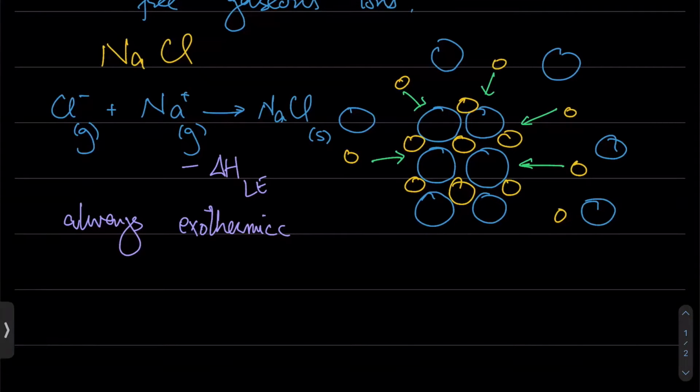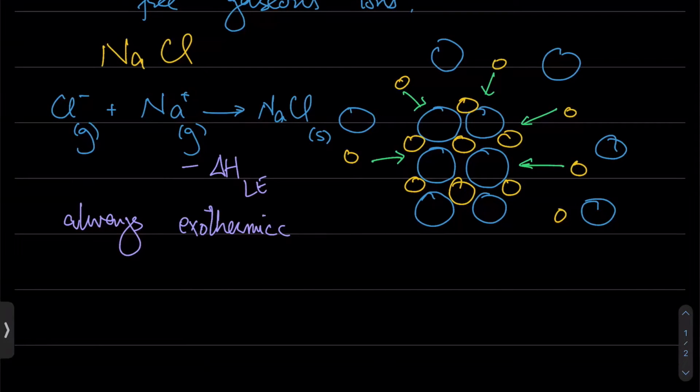So we can measure lattice energy and take that as a measurement for the strength of the ionic bond. There are so many positive and negative ions coming together, forming this lattice. And the stronger the bond that they make, the higher the energy that they release. And that is how we know that if the force of attraction between ions is strong, then the lattice energy will be high.